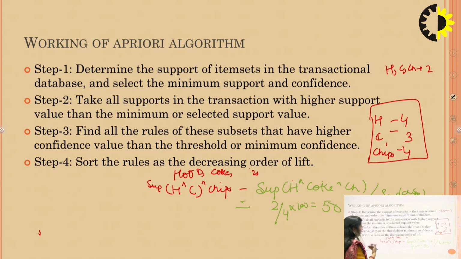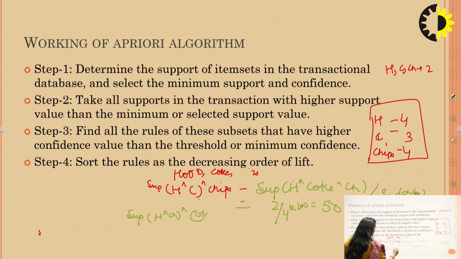In the same way, for the next value we can calculate support for hot dog and chips, and we eliminate the Coke. We can say that we can purchase hot dog and chips together, but the Coke can be separated. So hot dog and chips, then Coke.